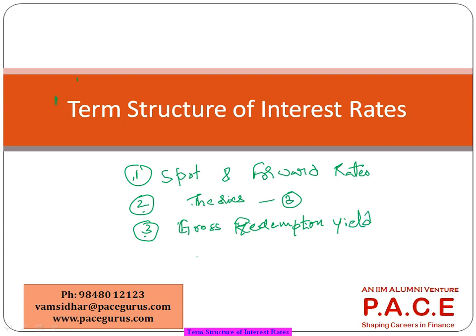How do we link the gross redemption yield with a couple of other terms called N-year par yield versus coupon bias? We'll talk about some of the key terms that drive this space.